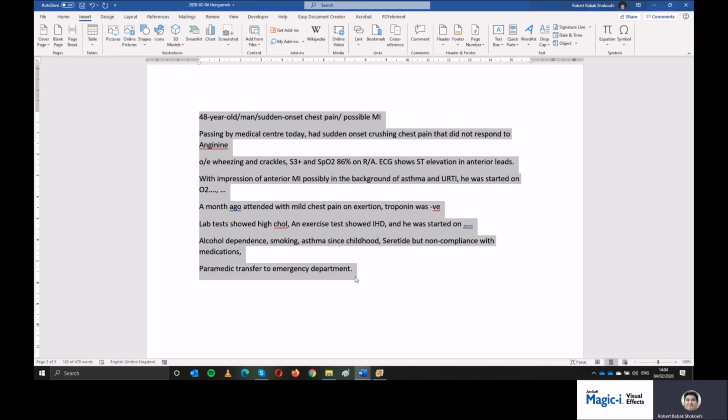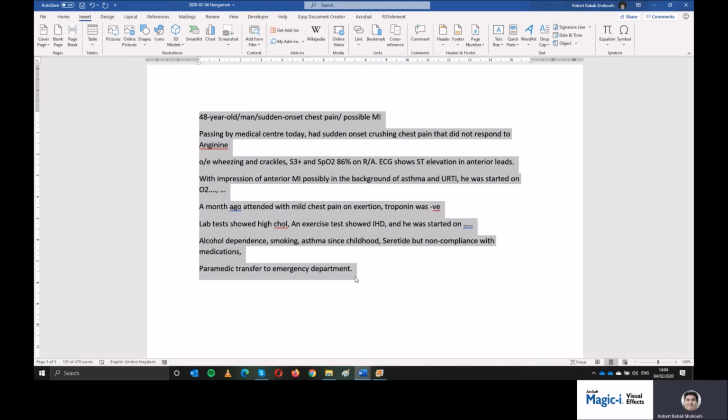I said, well, basically he was just passing by, and he had this severe crushing chest pain that didn't respond to angionin. I did an ECG. The examination showed wheezing, crackles, S3, and SpO2 was 86%.